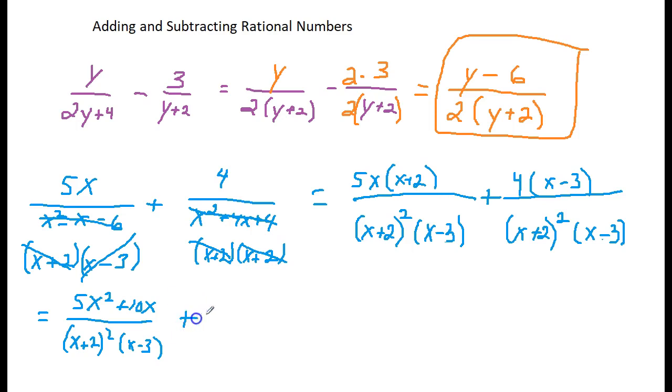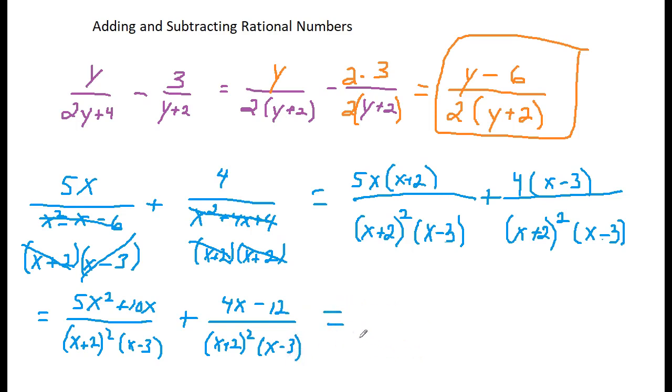Plus distributing that 4 times x is 4x. 4 times negative 3 is minus 12 over the same common denominator, x plus 2 quantity squared and an x minus 3.